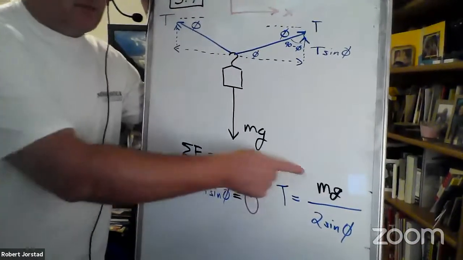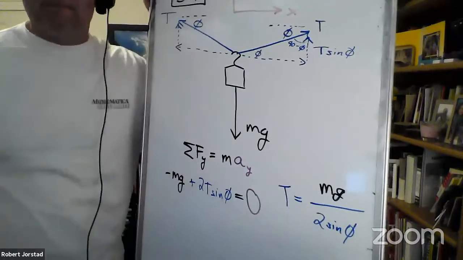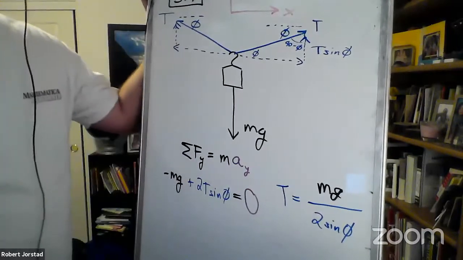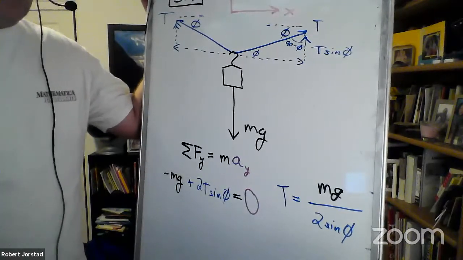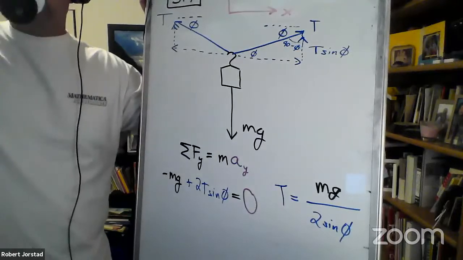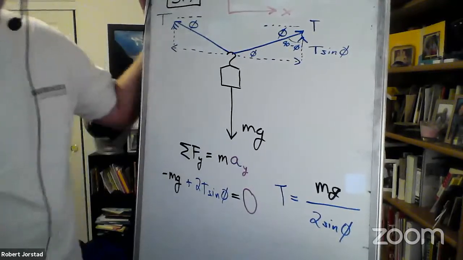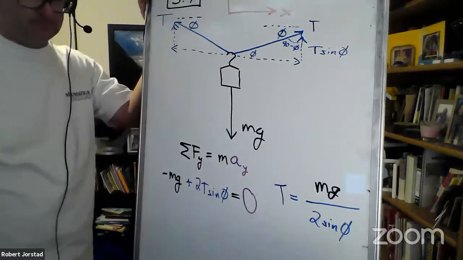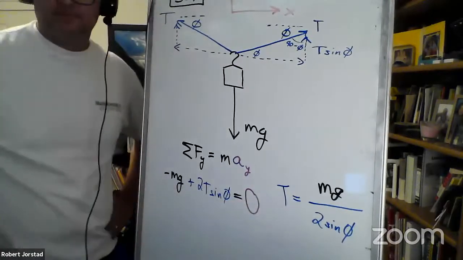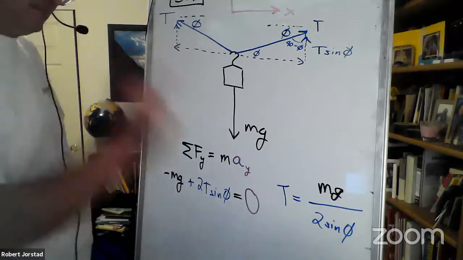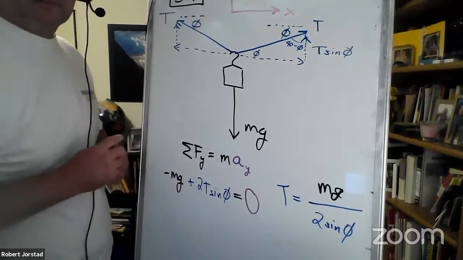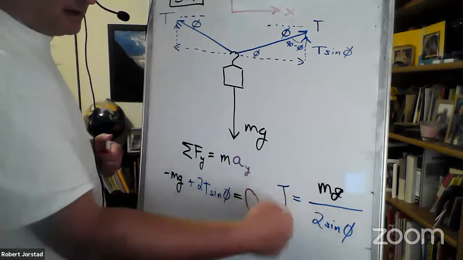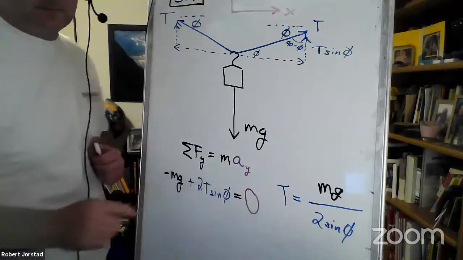The tension is mg over 2 sine phi. Give me one way to check that answer. What's something we could check? How can you check any algebraic answer? We check the... Oh, check the units. Yeah.